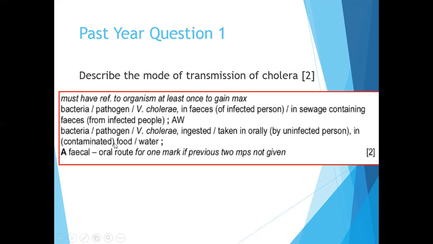So you see, this is a full description. You have to describe how. Therefore, foodborne and waterborne got no mark because you're supposed to describe. They also accept fecal-oral route because it's from feces to the food. So fecal-oral route is 1 mark if the previous two marking points are not given. If you say fecal-oral route, that is 1 mark, and through contaminated food and water is another mark, so 2 marks.